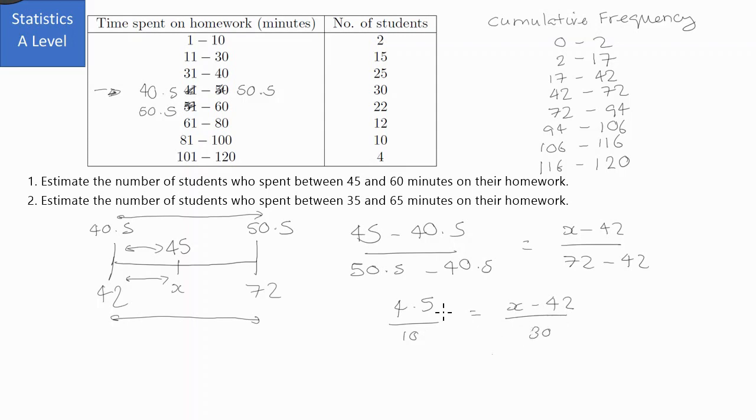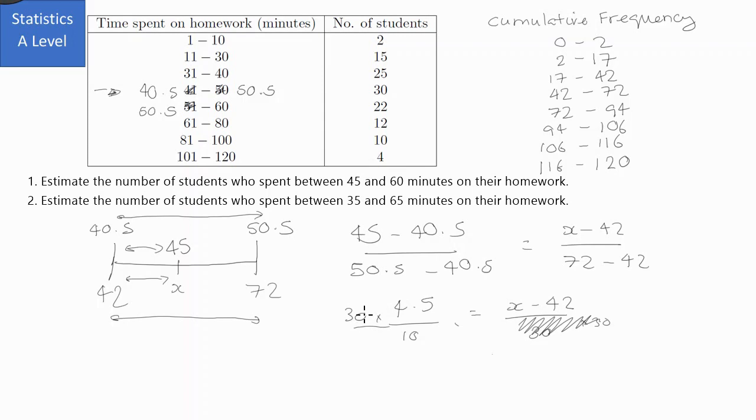Now you want to times both sides by 30, and in doing that you'll get rid of this denominator, because divide is obviously the opposite of times. And over here, when you times a fraction by a number, you just times the numerator. So 30 times 4.5, then that's divided by 10.